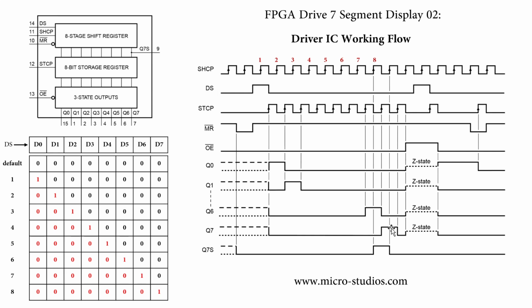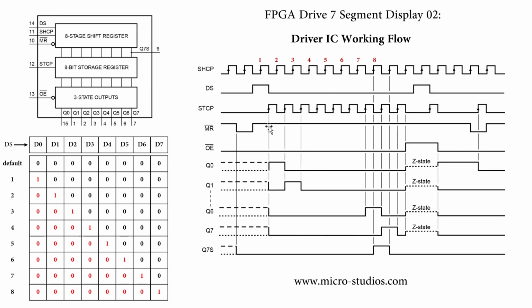The last one, Q7 is 1. So match here. Q7 is 1. The others are 0. And the Q6 is 1. The others are 0. And here is also 0.